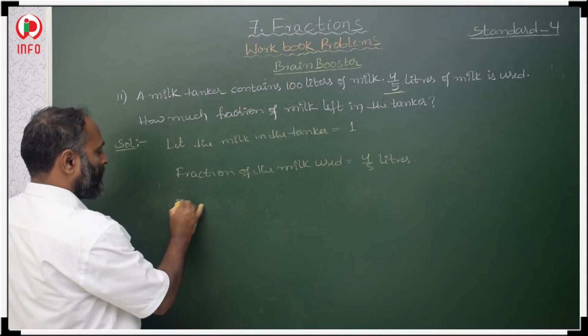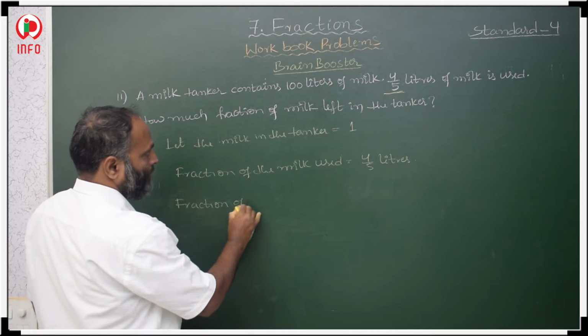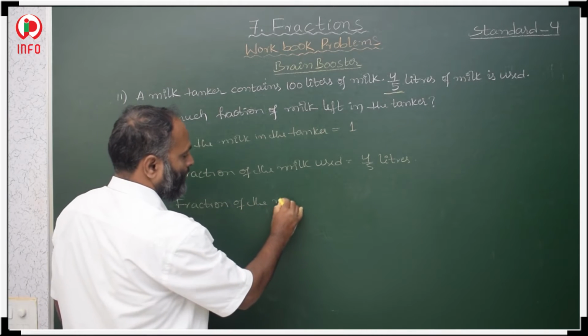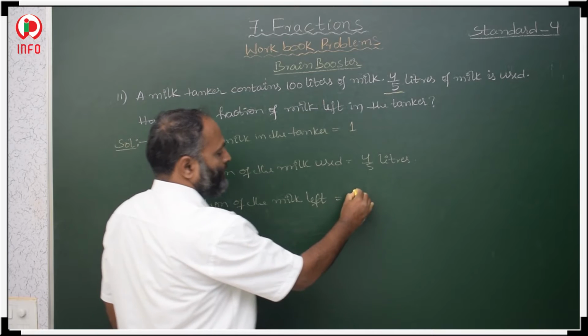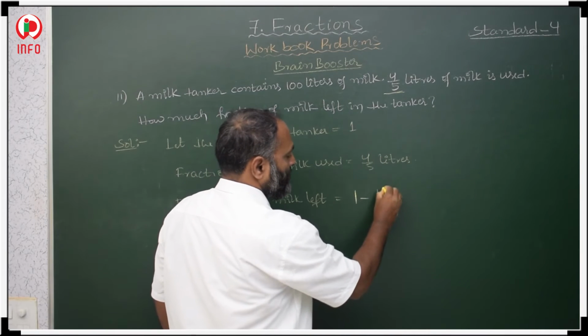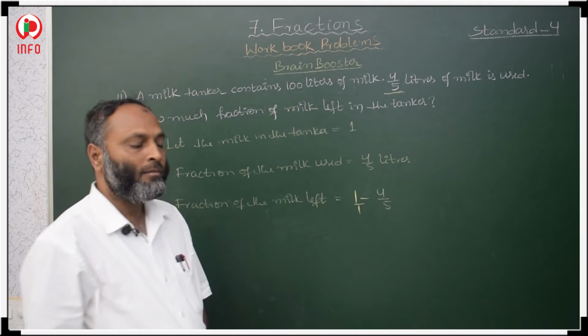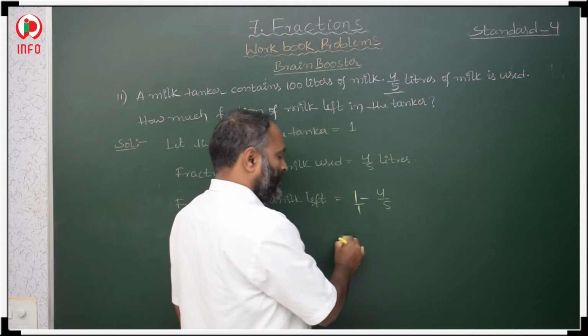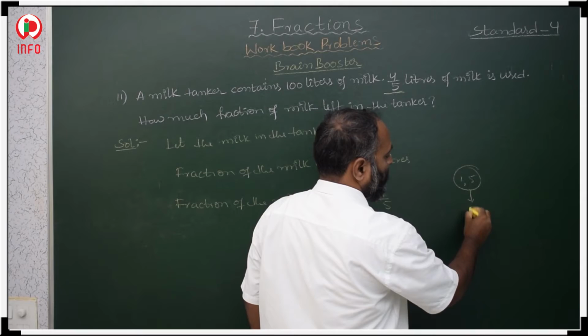Now, the fraction of the milk left. That means from 1 we have to subtract the used milk. Then find the LCM of 1 and 5, which is 5.